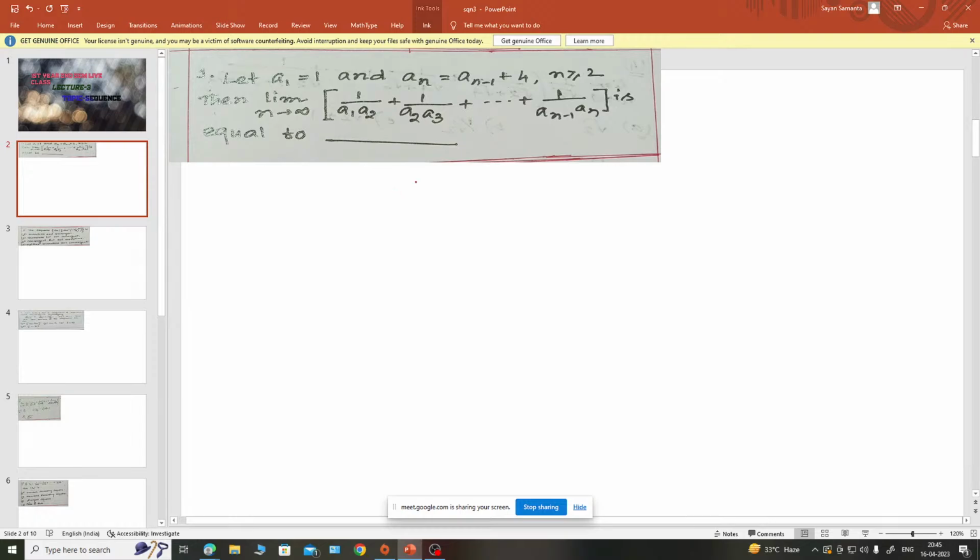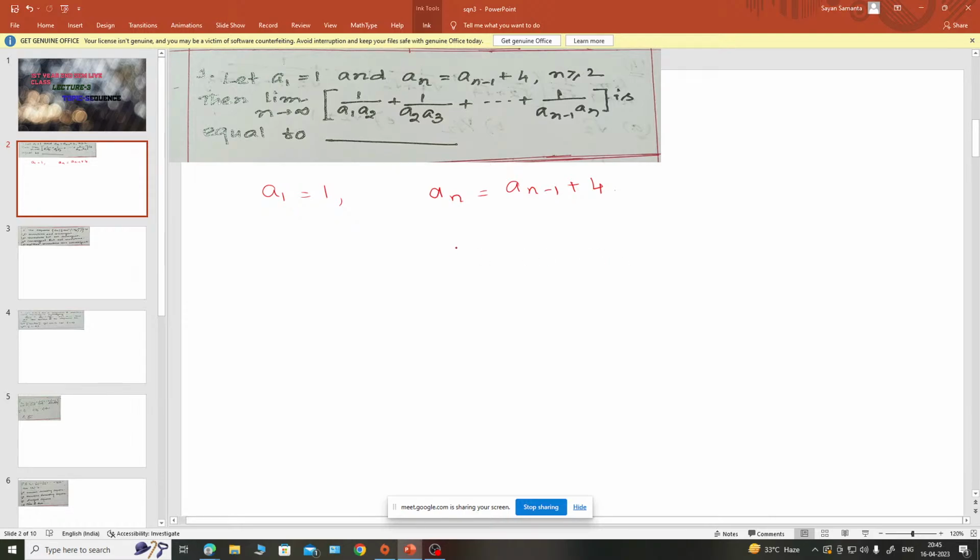So this problem we can solve here. Here we see that a1 is equal to 1, okay, and another relation is an is equal to an minus 1 plus 4. Is it clear to everyone? Then I will find a2, a3, a4 and so on.